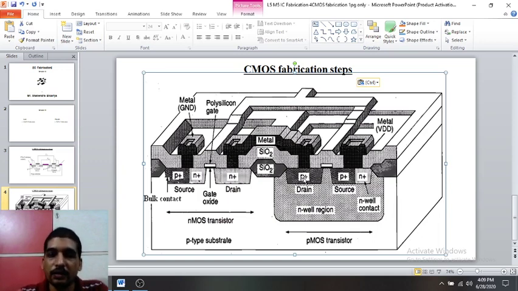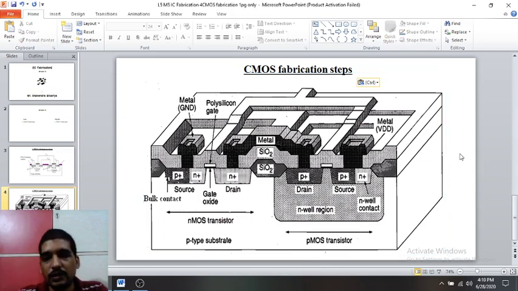Okay, and here this source and substrate, these two are connected together with metal connection, and they will be connected to ground for the NMOS, and for the PMOS these two regions are connected together to connect it with the supply voltage VDD. Okay, so this structure we need to form.